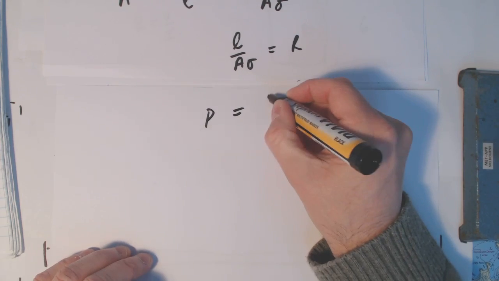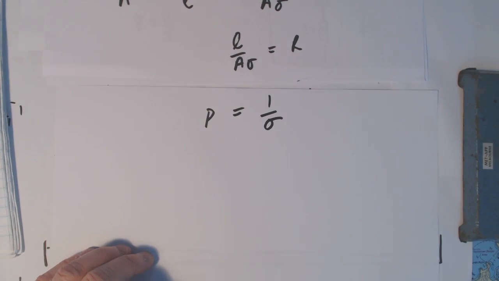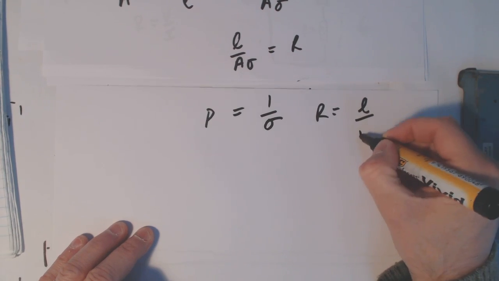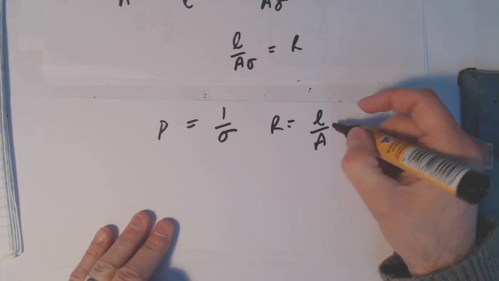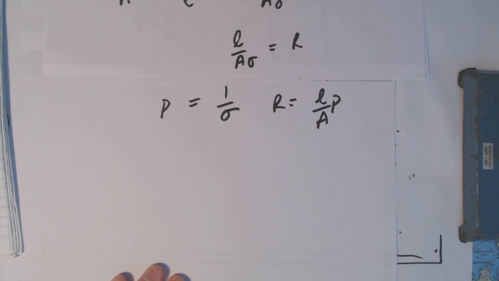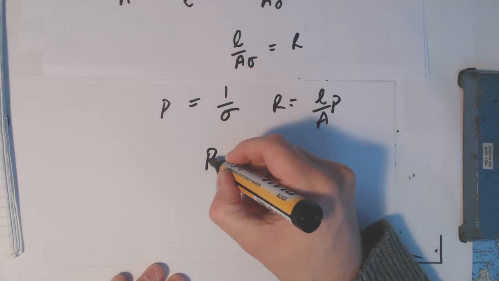If we say rho equals 1 over sigma, then we can say resistance equals L over A times rho. And so this sigma was a measure of conductivity, and rho is a measure of resistivity.